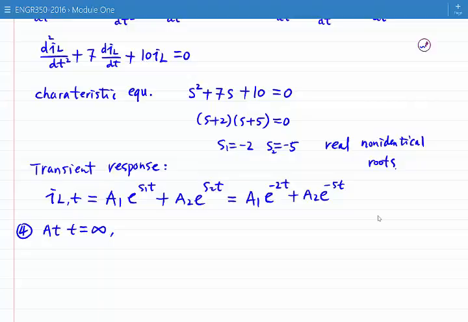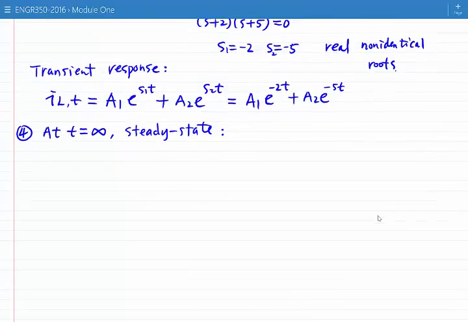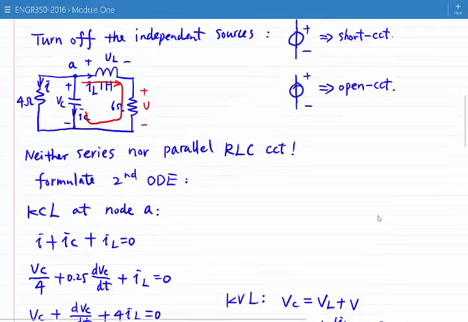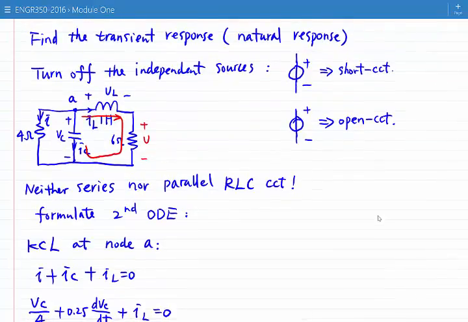So what is the steady state response? Let's find out the steady state response of the inductor current IL. First, let's look at how the circuit looks if time goes by for a long time and the circuit is in steady state again.